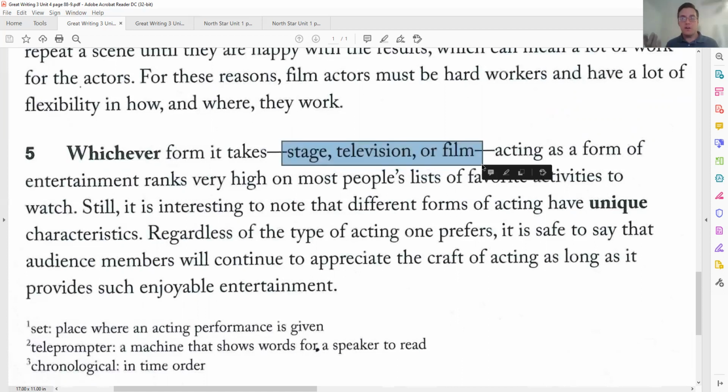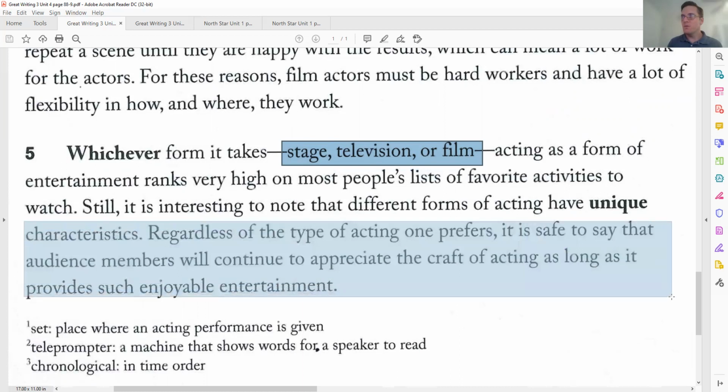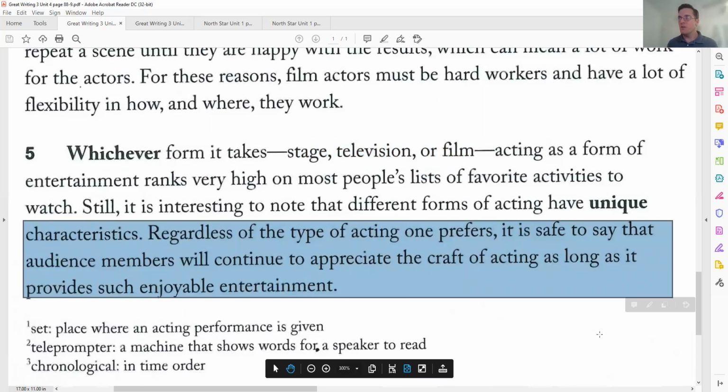So in our conclusion, we need to mention those three types of acting again. And we end with a final comment, a final remark. Regardless of the type of acting one prefers, it is safe to say that audience members will continue to appreciate the craft of acting as long as it provides such enjoyable entertainment.